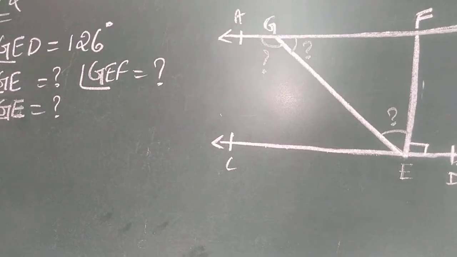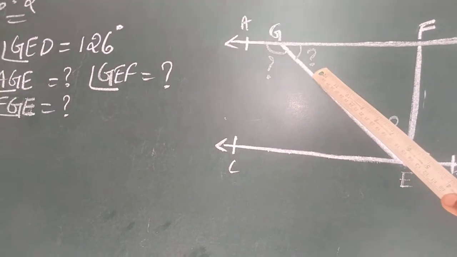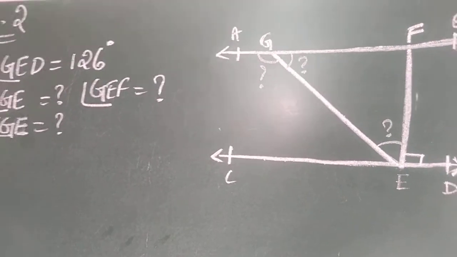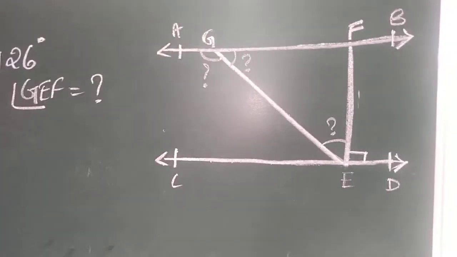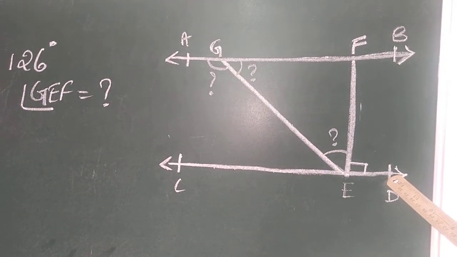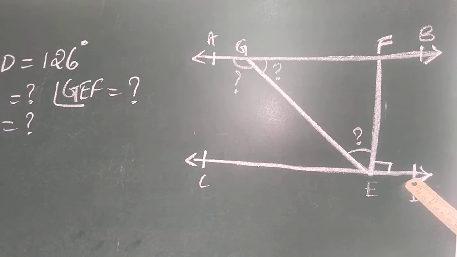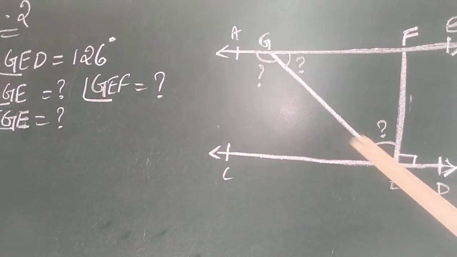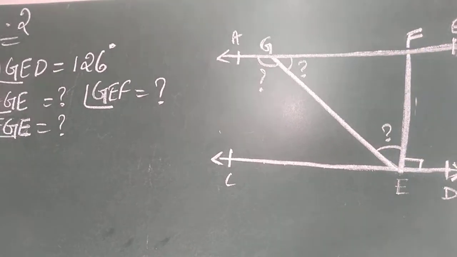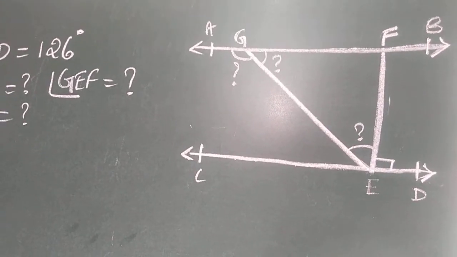So now I have marked here with the question marks which are the angles you have to find out. Now how to begin the sum? First of all, they have given here the total sum is 126 degrees. If you subtract 90 degrees from this total, you will get angle GEF. That is the first step I am going to do, children.